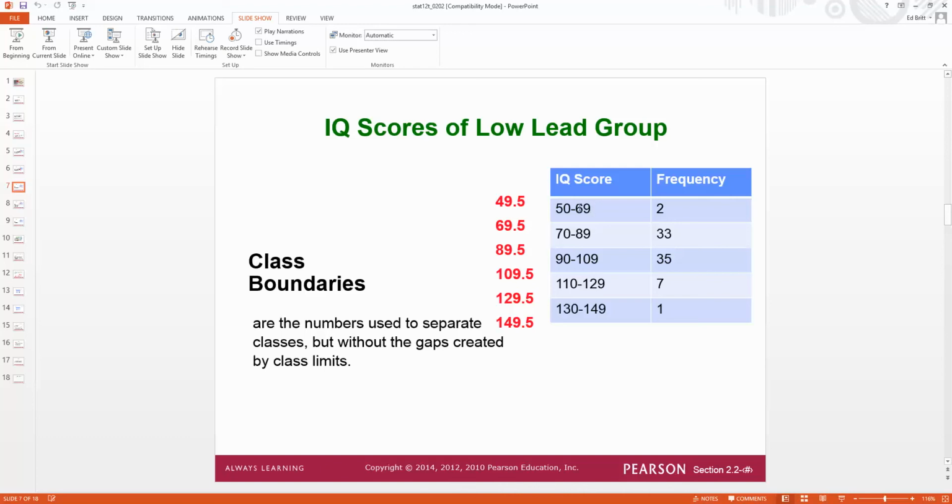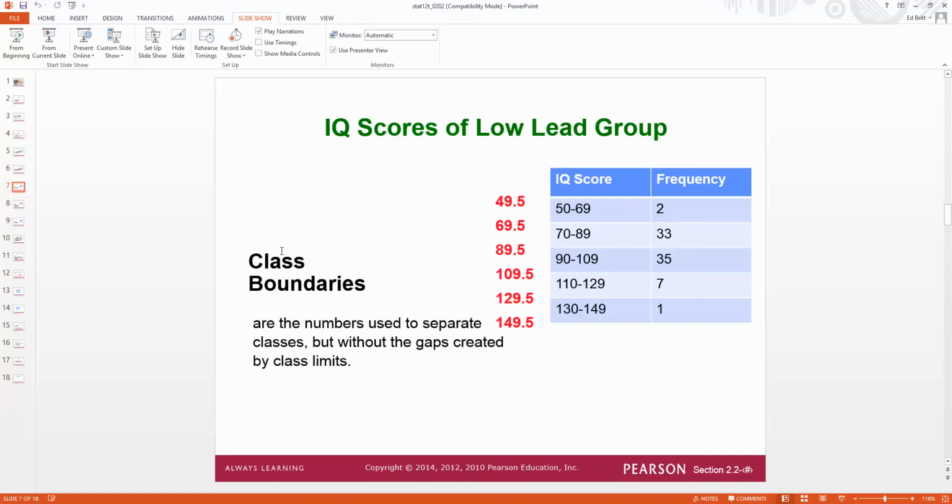If you look, the difference between 69 and 70, or between 89 and 90, or between 109 and 110 is 1 unit, or just 1. If you take that number 1, whatever the distance is between a consecutive upper class limit and lower class limit, which in this case is 1, and you divide that by 2, you get 0.5.